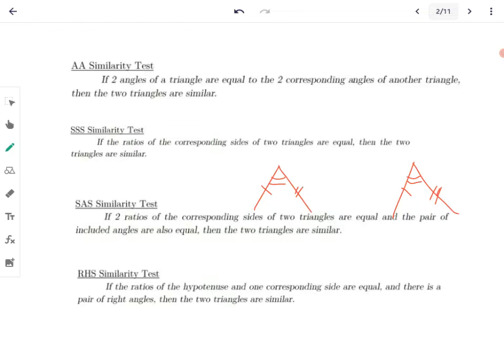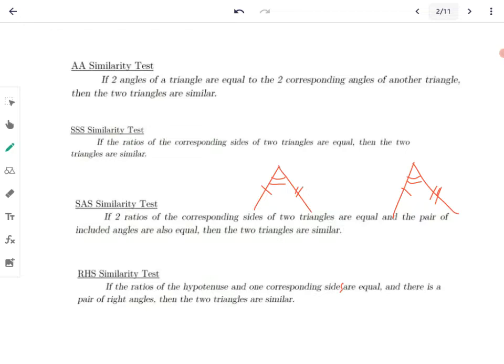Next is the RHS similarity test. Note that the RHS similarity test is just used for right triangles. If the ratios of the hypotenuse and one corresponding side are equal, and there is a pair of right angles, then the two triangles are similar.